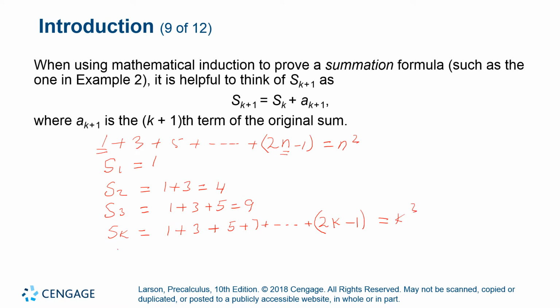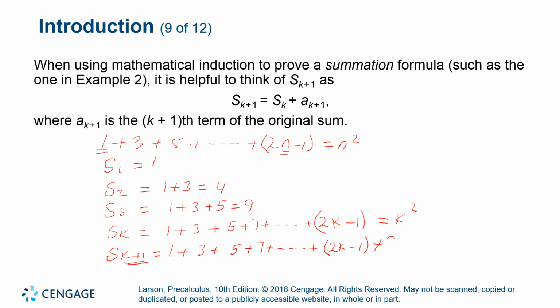And this should give me k squared. Now, to figure out what Sk plus 1 is, again, we're going to add all the numbers up to k plus 1. So that's going to be 1 plus 3 plus 5 plus 7 plus all the numbers plus 2k minus 1. This is up to k. Now if I want to add the next term, that's by replacing n by k plus 1.